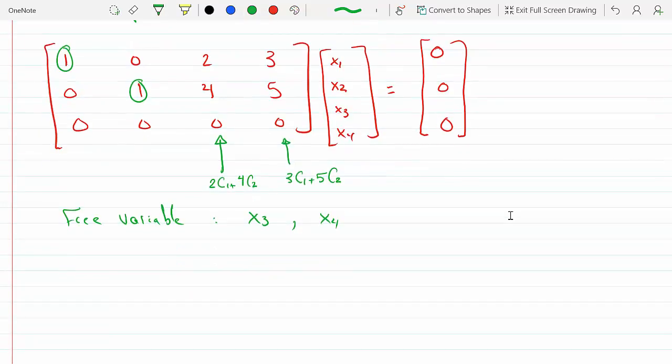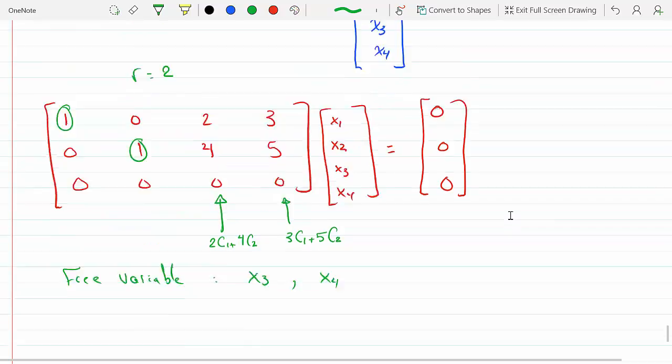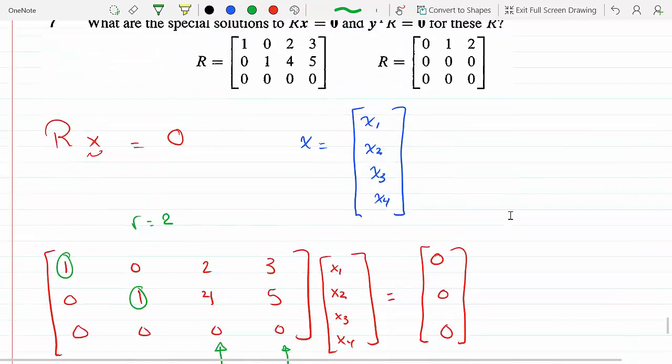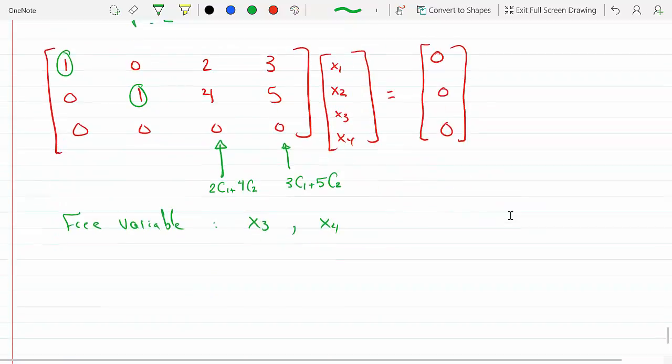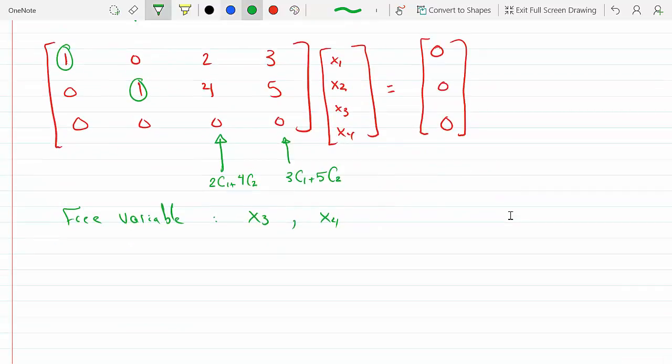Okay, now how do we solve it? Since those are free variables, we can take them to be anything. Special solutions. So I could set x3 equals 0 since it's a free variable.